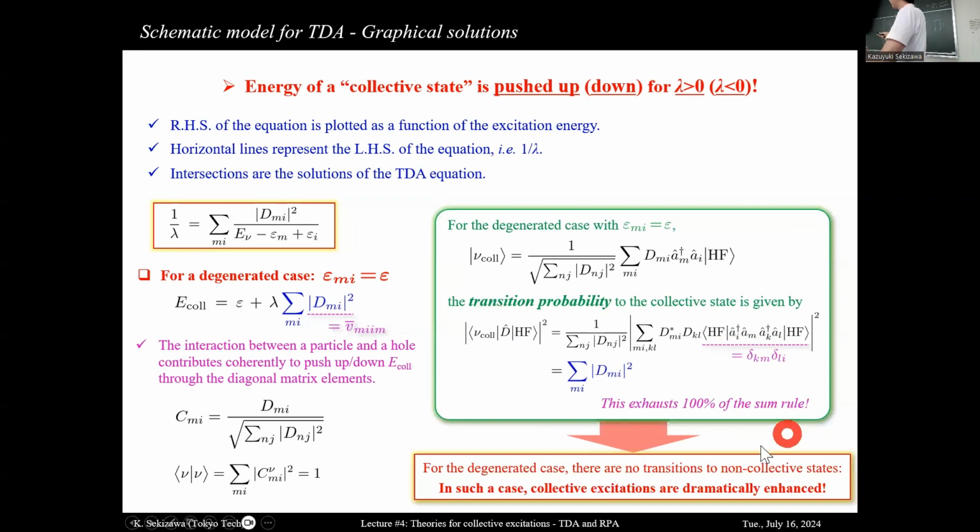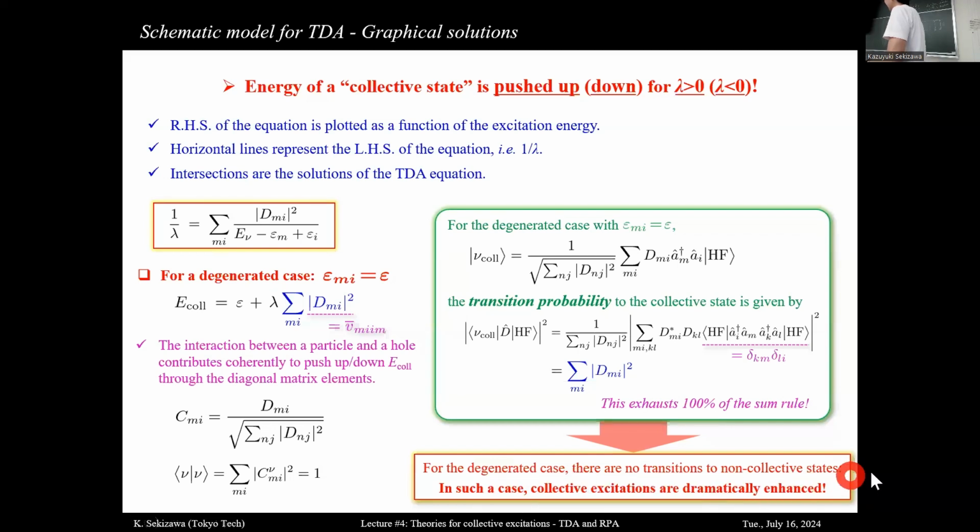This is a very peculiar case, but in such a case, all the particle-hole excitations contribute coherently, and it enhances the transition probability.